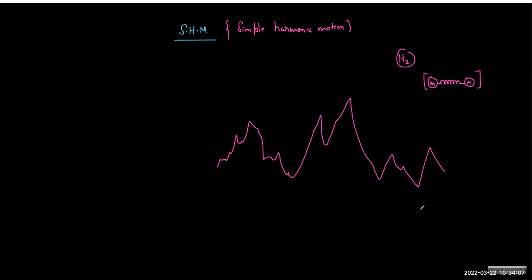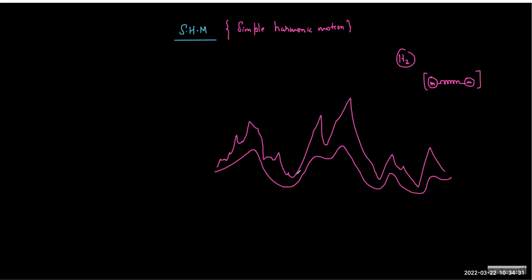What Fourier said is that any complex vibration in nature is basically a superposition of infinite SHM. It means if you keep on superimposing various SHM of different frequency, it will turn out to be a very complex oscillation.